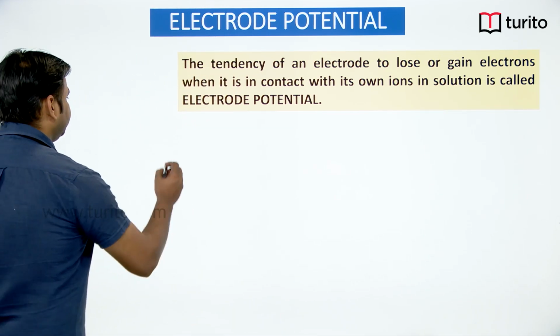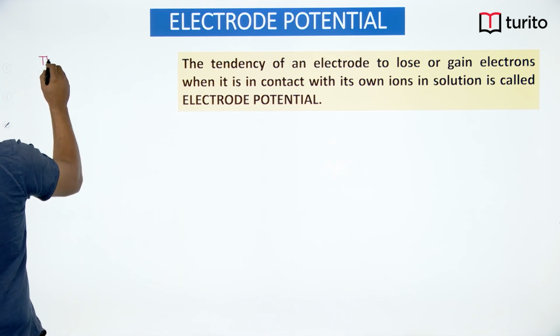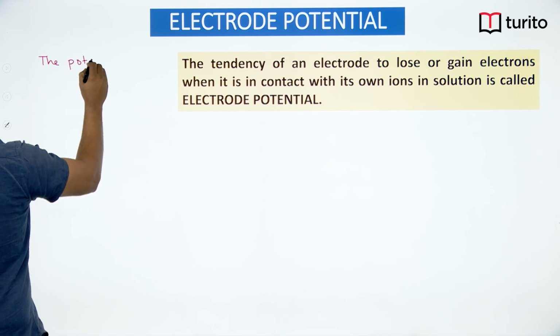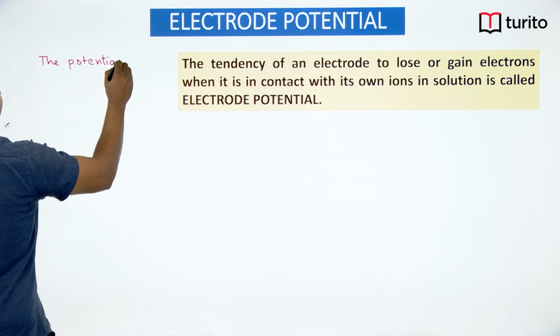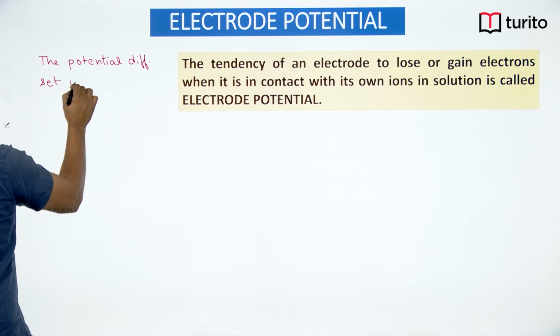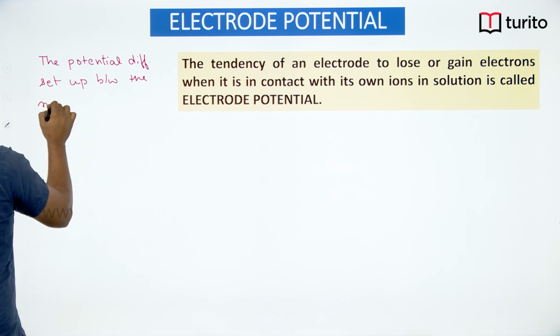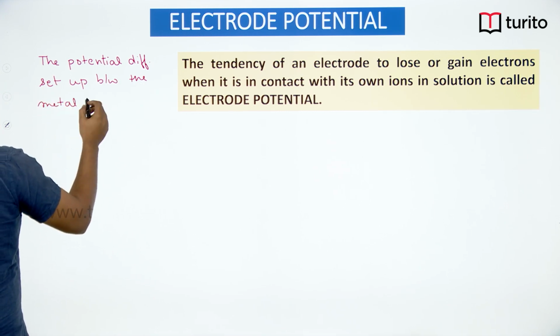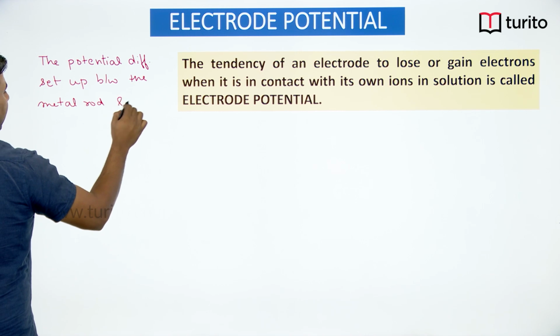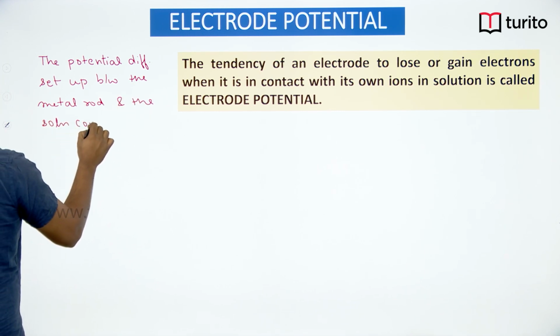So we will define electrode potential as the potential difference set up between the metal rod and the solution containing metal ion.